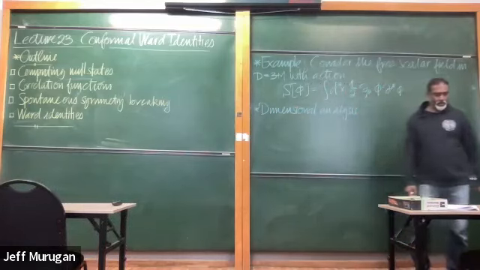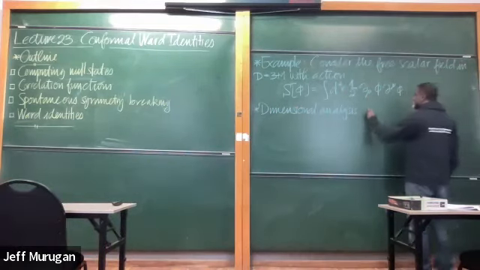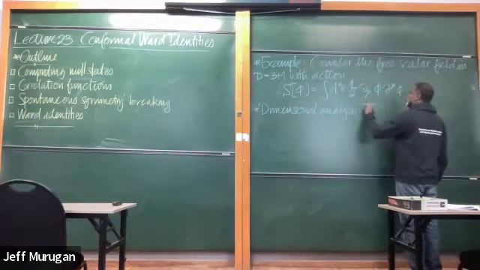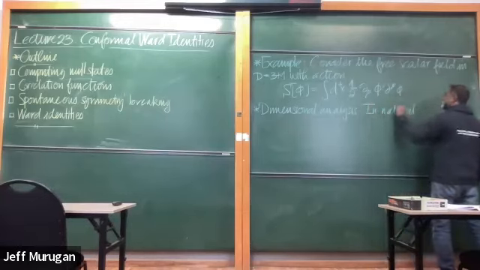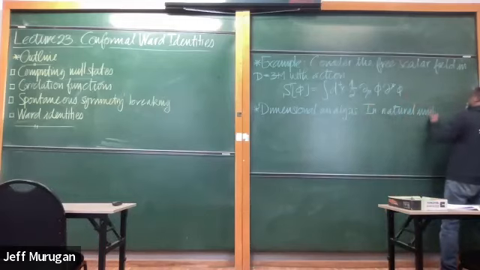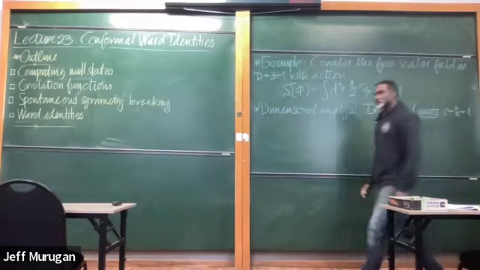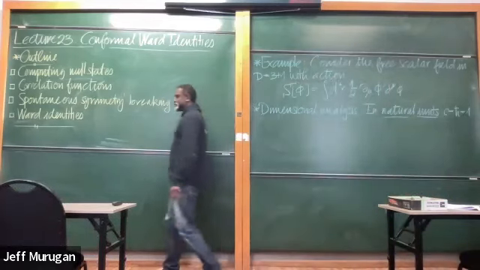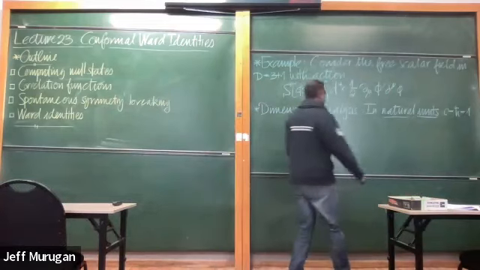Okay. So we'll start by making the point that we're working in natural units. So in natural units, I'll use the fact that c equals h bar equals 1, the speed of light and h bar both set to 1. What this means is that they're dimensionless numbers. They're just numbers, okay?